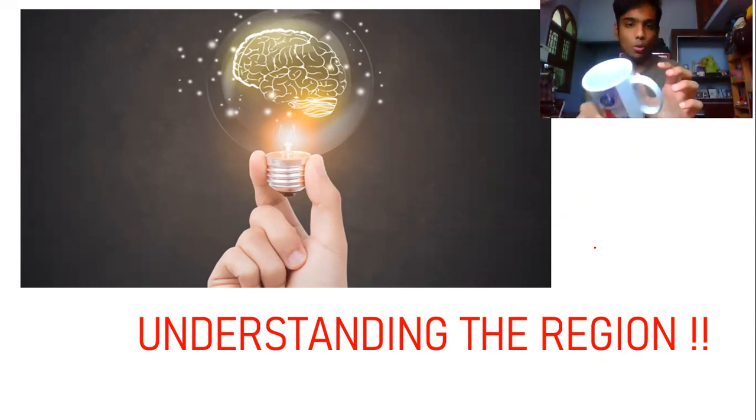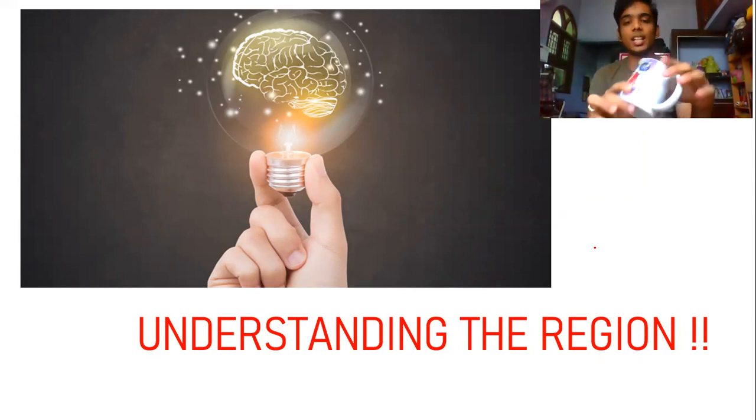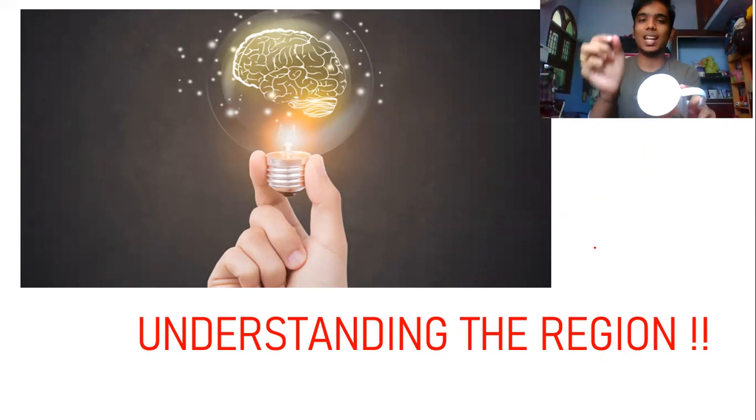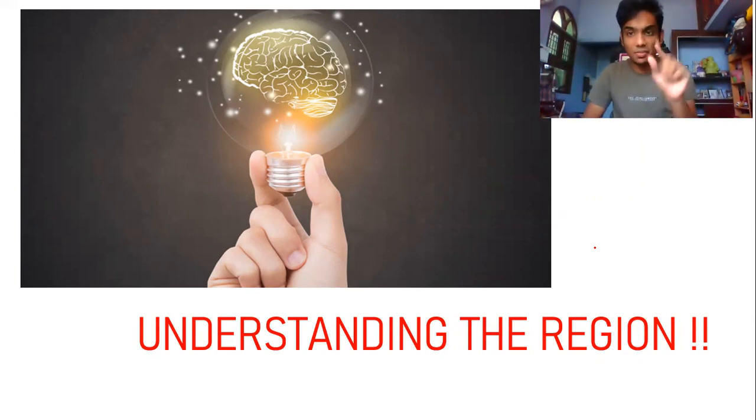So a pelvic bone is open at both sides. One side is called the pelvic inlet, the other side is called the pelvic outlet. This region of the pelvic outlet is called the perineum. So the very first thing you must know is the location of the perineum: it is located at the pelvic outlet, or I can say the pelvic outlet is the region of the perineum.